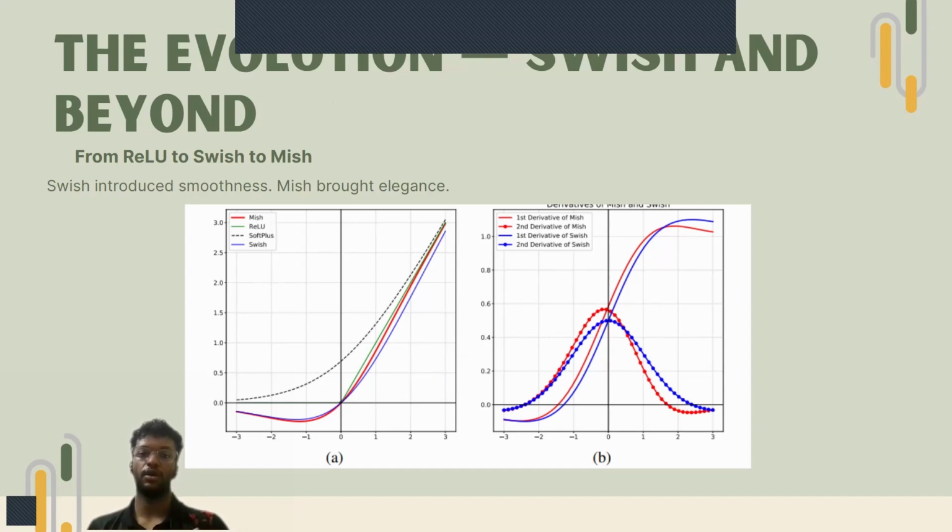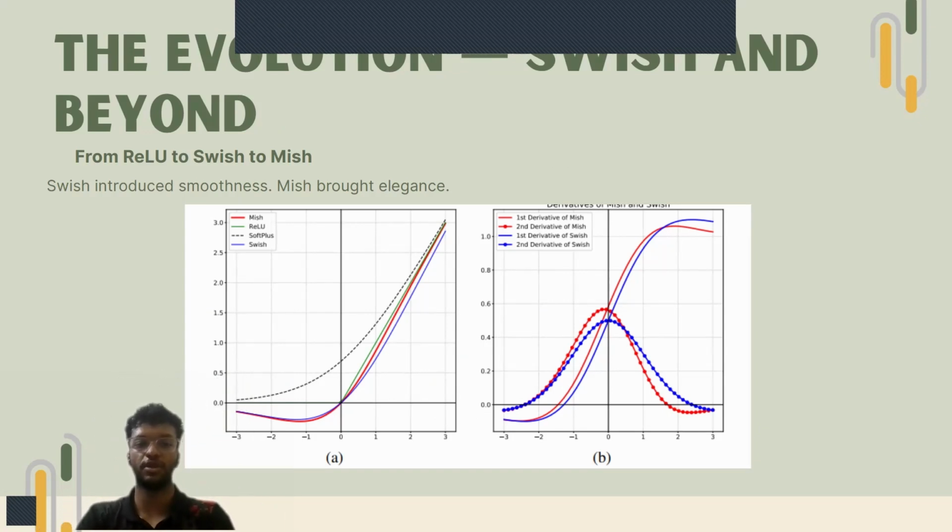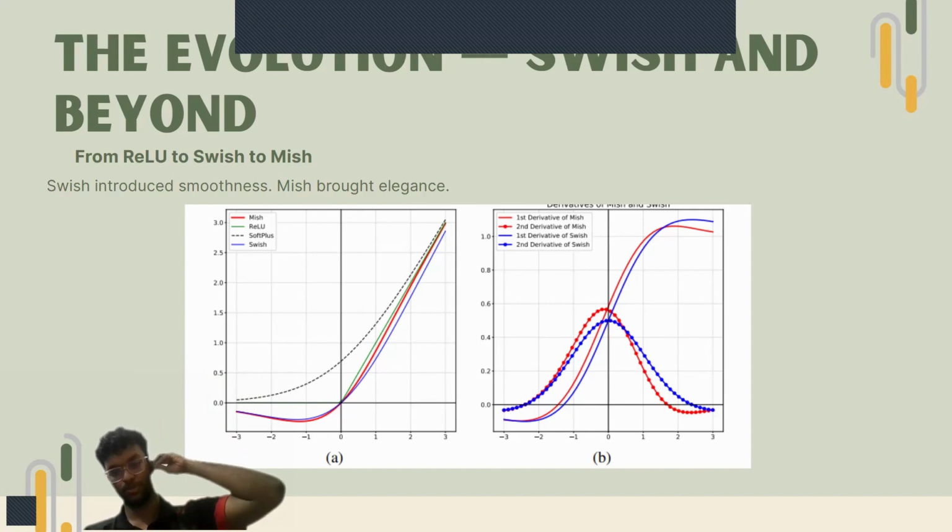But then a researcher named Diganta Misra introduced an activation function named Mish. Mish blended the smoothness of Swish with even better regularization and gradient flow. It wasn't discovered by a huge tech company, but by a Tirupati researcher named Diganta Misra.